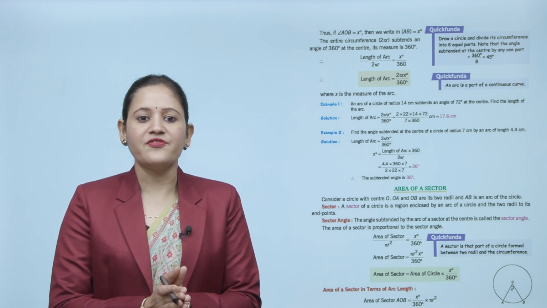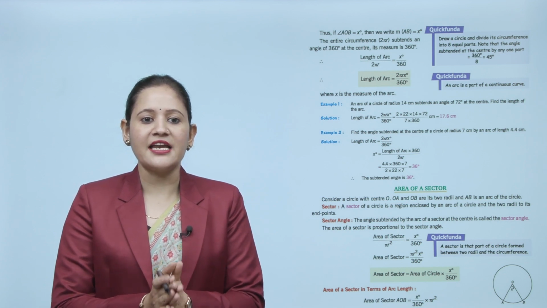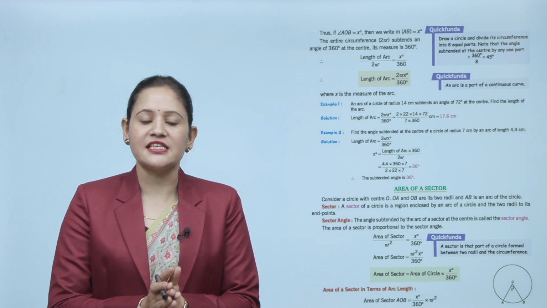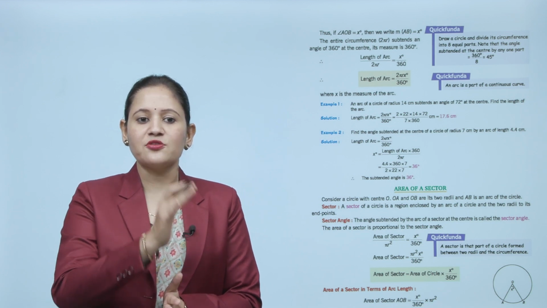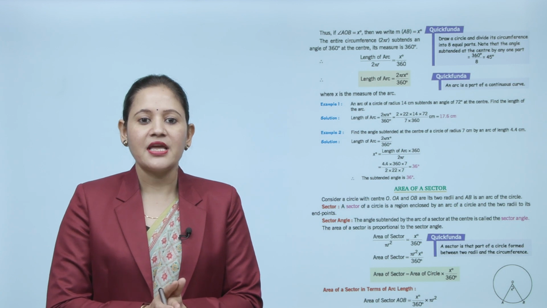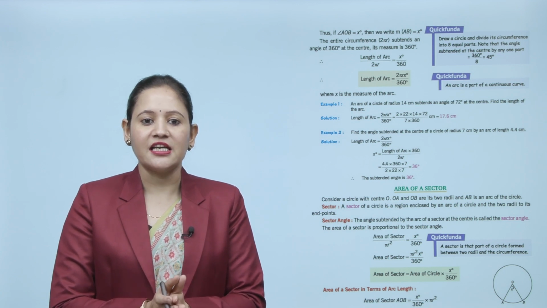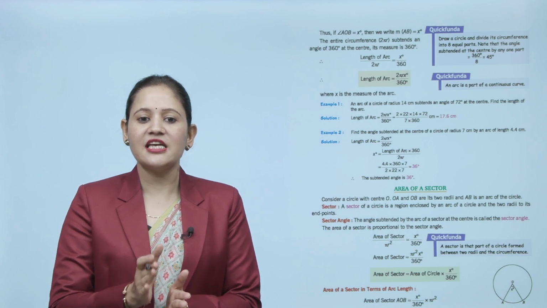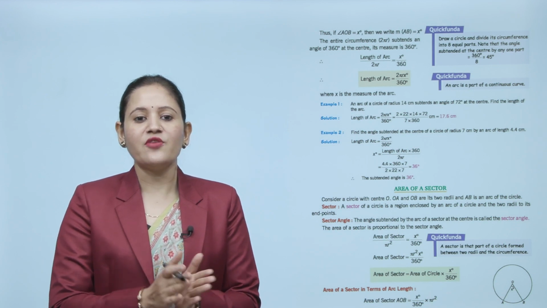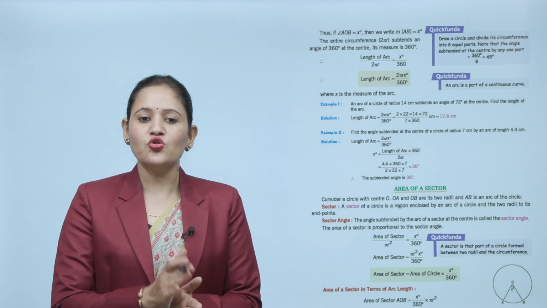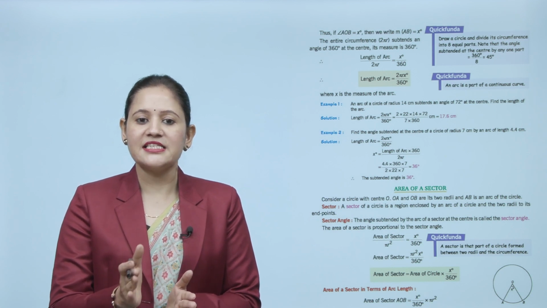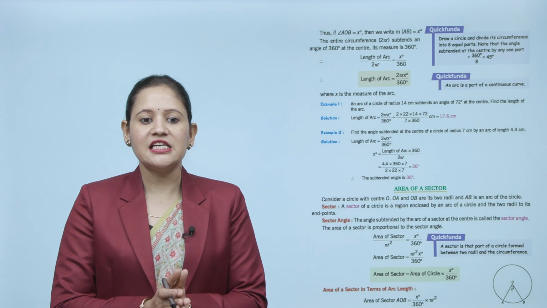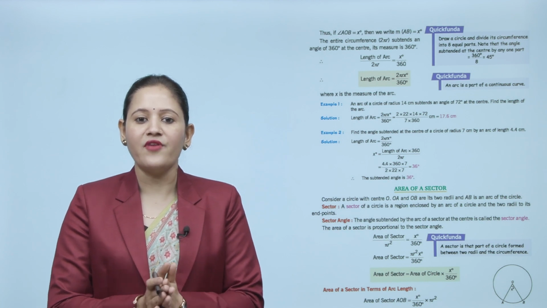The entire circumference 2 pi r subtends an angle of 360 degree at the center, so its measure is 360 degree. So length of arc upon 2 pi r equals x degree upon 360 degree. So length of arc equals 2 pi r multiplied by x degree upon 360 degree, where x is the measure of the arc.